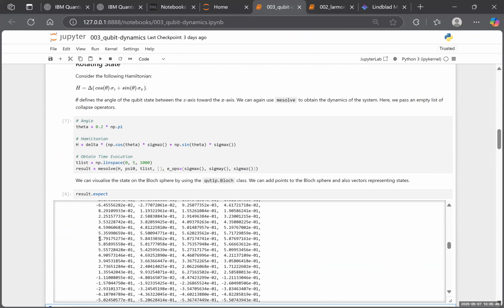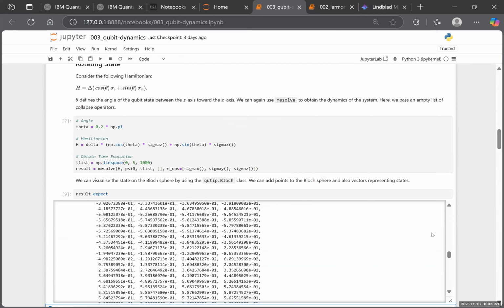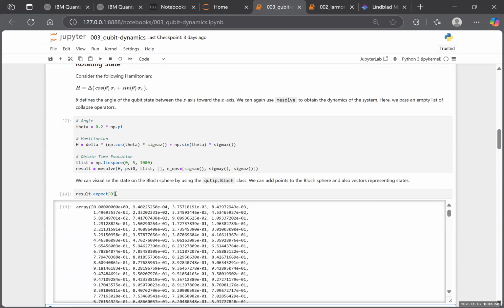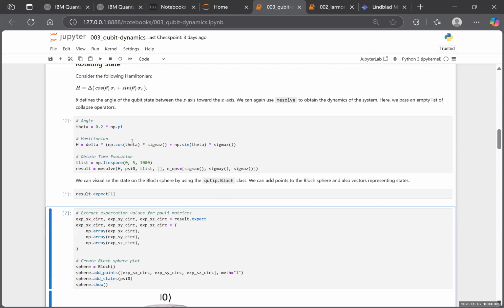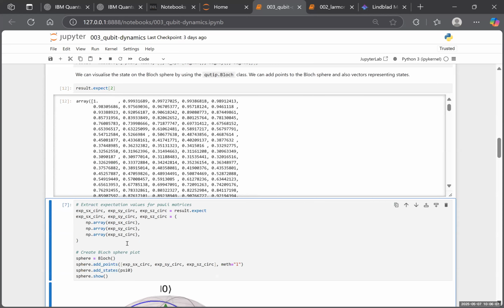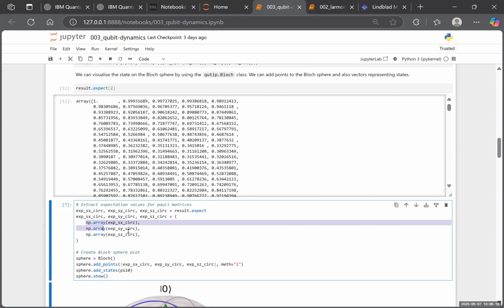You see, there are 3 arrays, as we've seen previously. There's sigma x, there's sigma y, and sigma z. So this just assigns to these 3, and then they just turn this into a NumPy array.